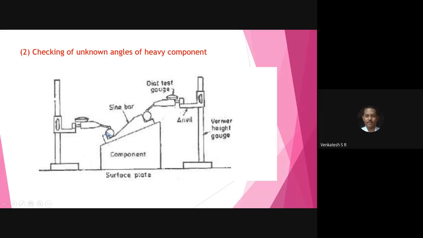Here the difference in height, you substitute in the equation tan alpha equal to opposite side by hypotenuse. These two are vernier height gauges.